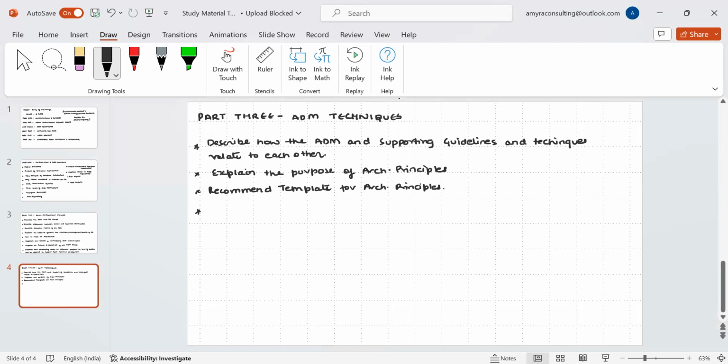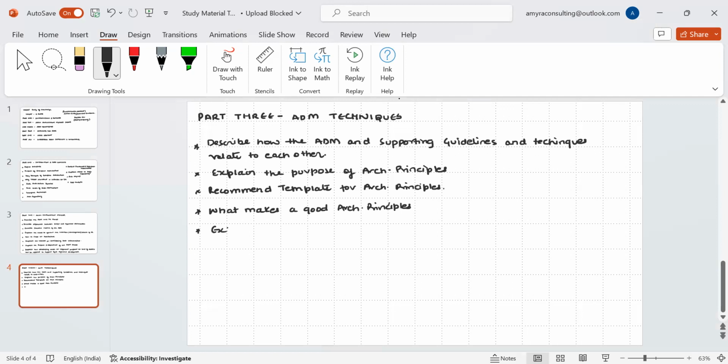What makes a good architecture principle? Just like you have characteristics of a good human being, what makes a good architecture principle?